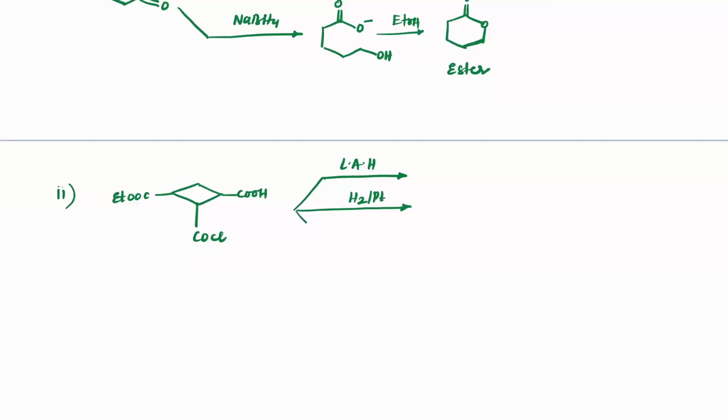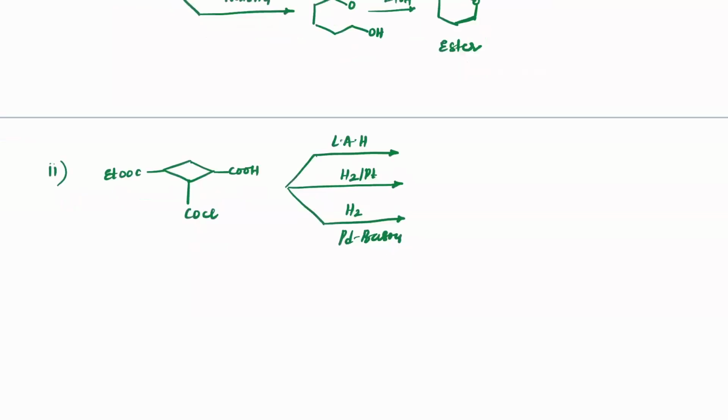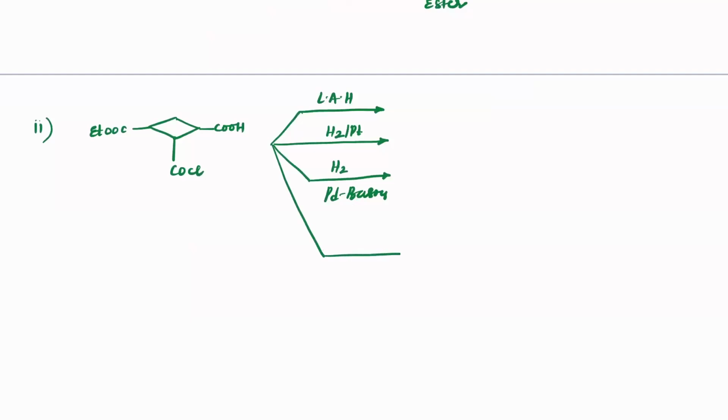Second example, suppose you have an acid on one end, an ester on one end, and an acid chloride on one end. These three are reacted first with lithium aluminum hydride, H2 by Pt, H2 by palladium barium sulfate, and then NaBH4.